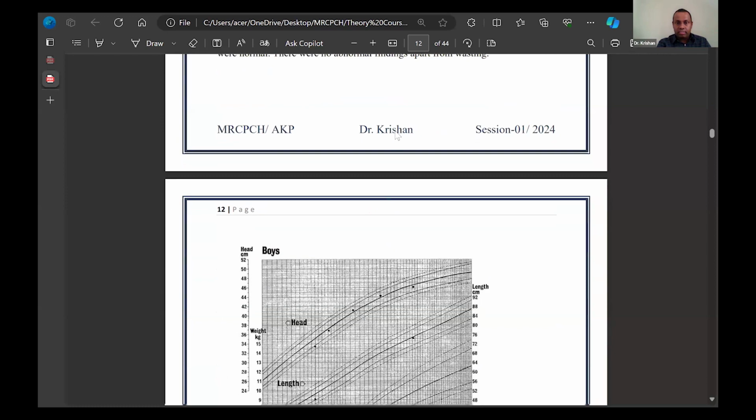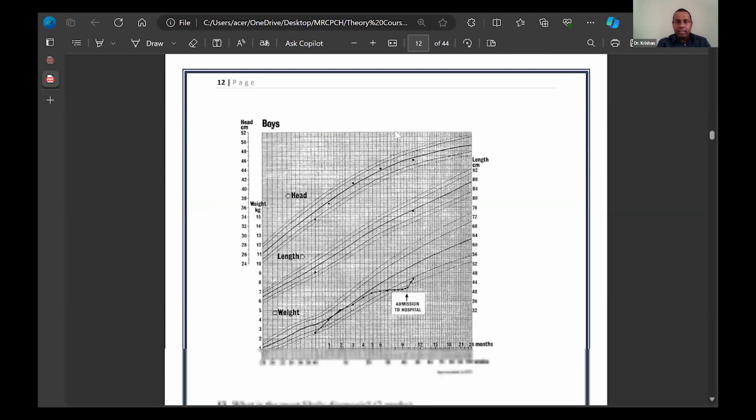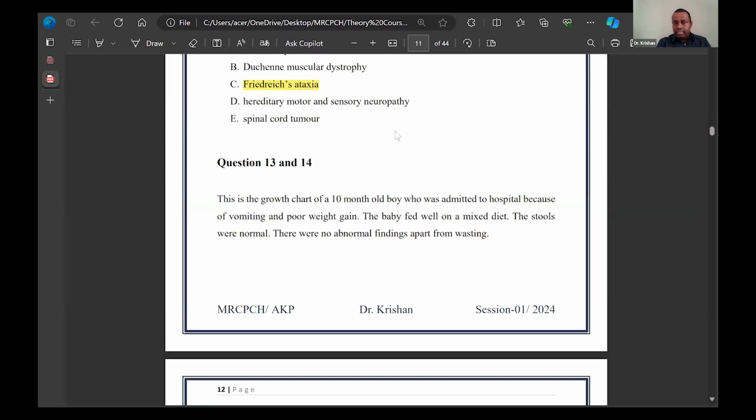Next question. Now this is simple. So this is the growth chart of a 10-month-old boy who was admitted to hospital because of vomiting and poor weight gain. The baby fed well on a mixed diet.